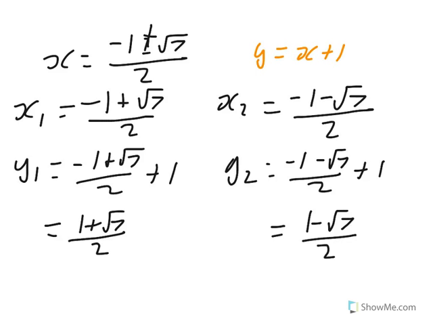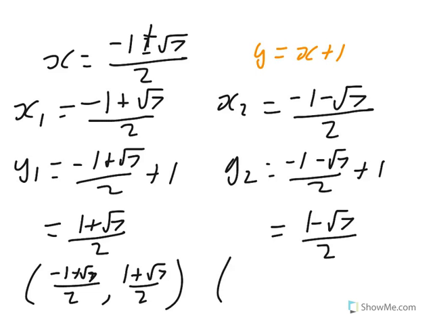So in this case we have two solutions. What that means is that the straight line cuts through that circle in two places. Just to finish off, of course, putting it in coordinate form, negative 1 plus root 7 over 2 goes with 1 plus root 7 over 2, and negative 1 minus root 7 over 2 goes with 1 minus root 7 over 2.